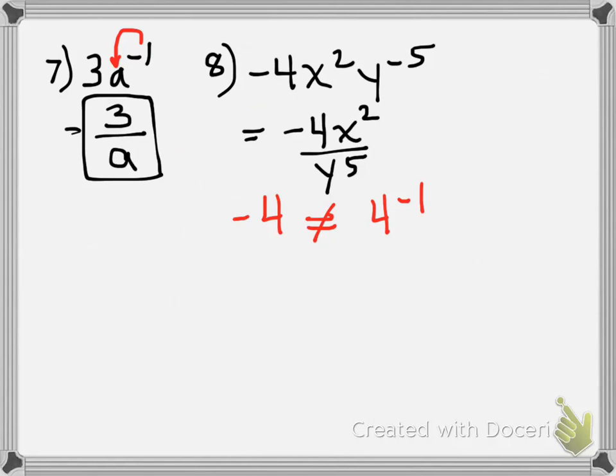In order to switch the location of something, you need to have an exponent that's negative. This is just a negative value. So this gives you negative 4. This gives you 1 over 4. That is going to be the most common mistake that I will see on this stuff, so I don't want it to happen. All right, here comes one last one here.